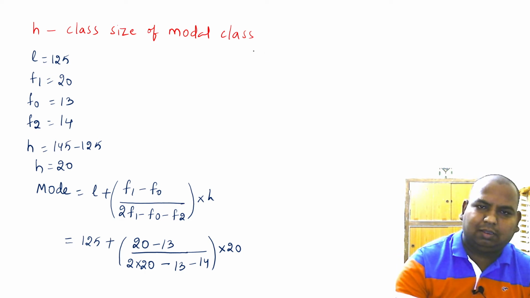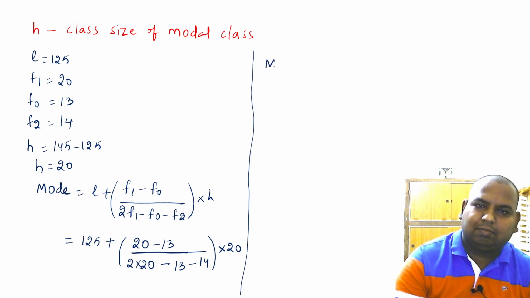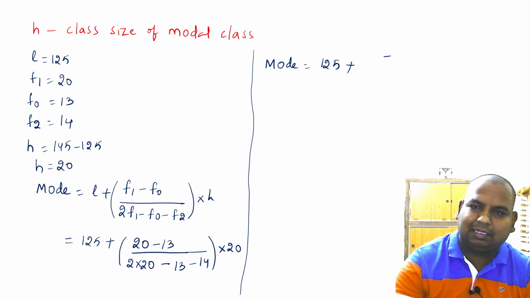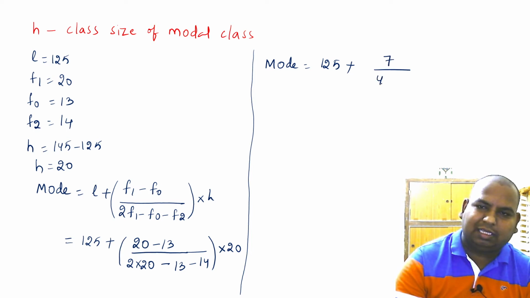Let me draw a vertical line here. Mode is equal to 125 plus (20 minus 13, which is 7) by (2 20s are 40, 40 minus 27) into 20.